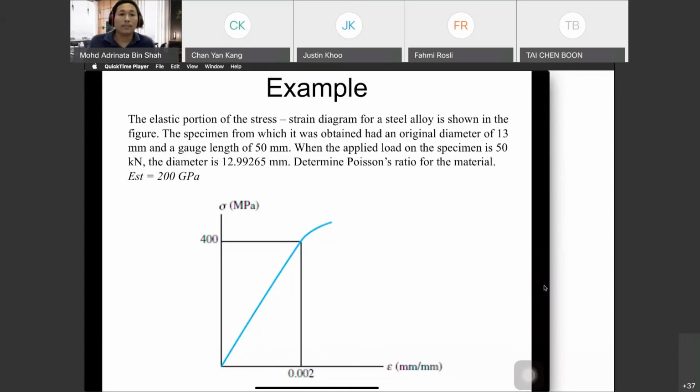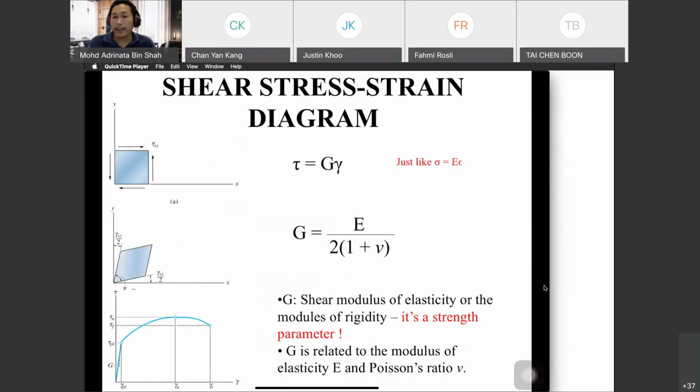Okay, so these examples you can look at later. And finally, from a stress strain diagram, which is for normal stress, we have sigma equals P over A, and then we have strain equals delta over L, and then we get our stress strain diagram.